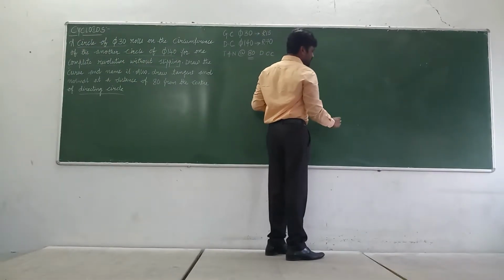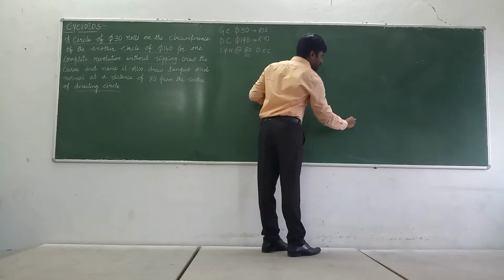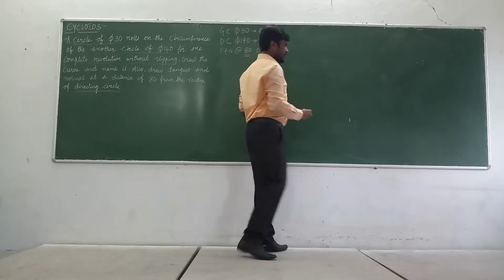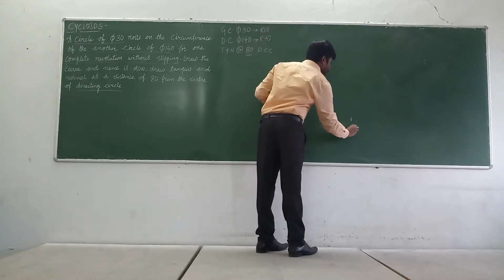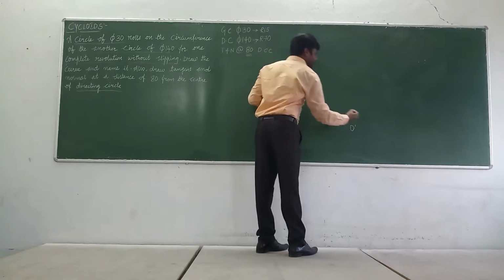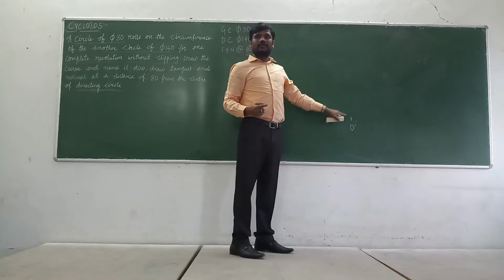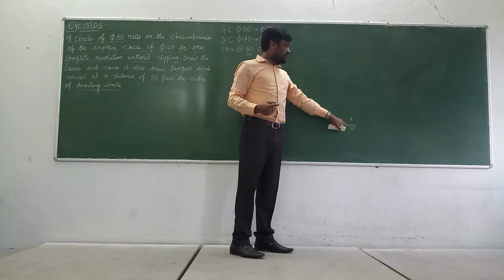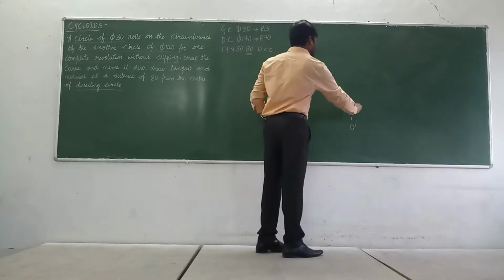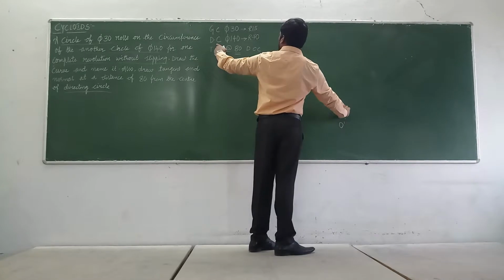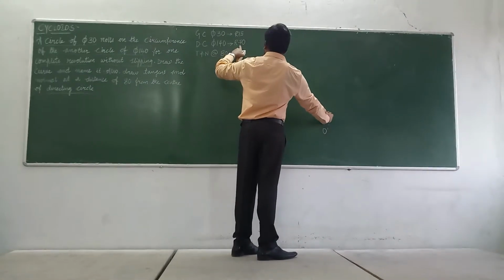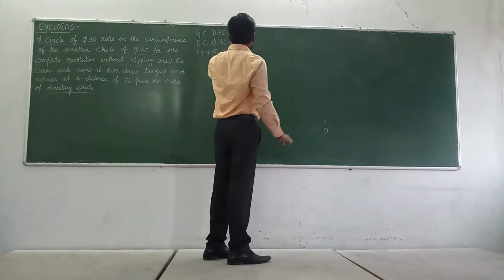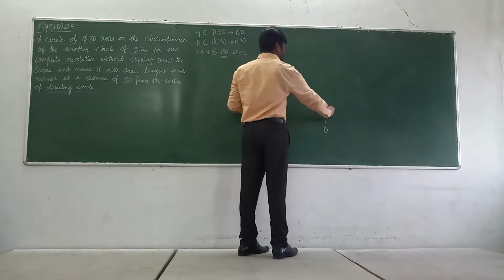The first thing is to locate a point anywhere on your drawing sheet and name it O dash. With O dash as center, radius is the directing circle radius, that is 70. First I am going to draw the larger circle with radius 70.